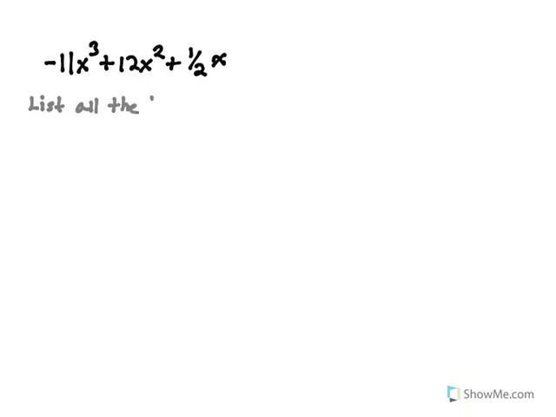We can do that by looking at the sign separation. So we have minus 11x cubed, and then you notice the next one is separated by a plus. So the next one you just list, 12x squared, comma, 1/2 x.